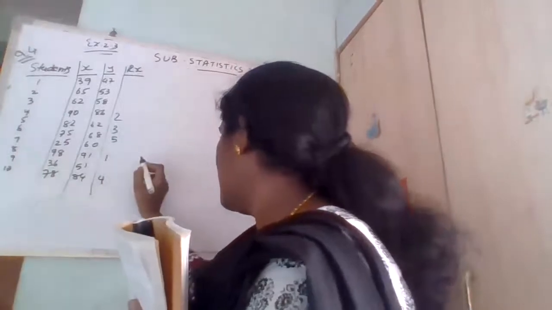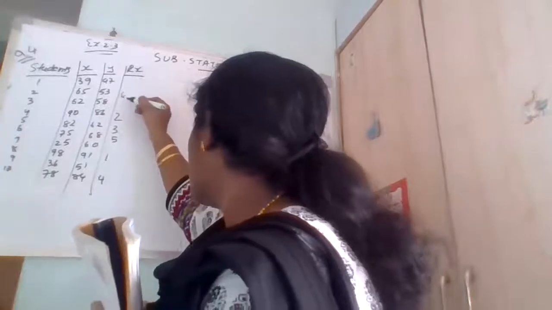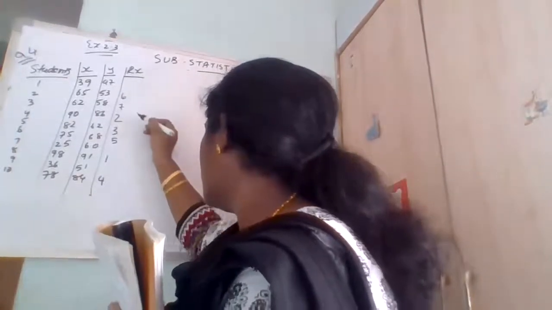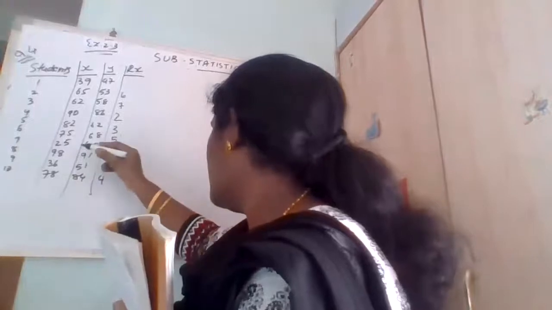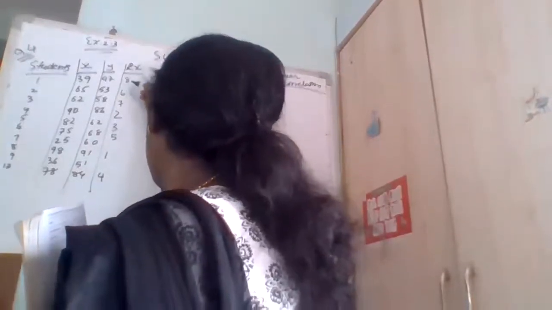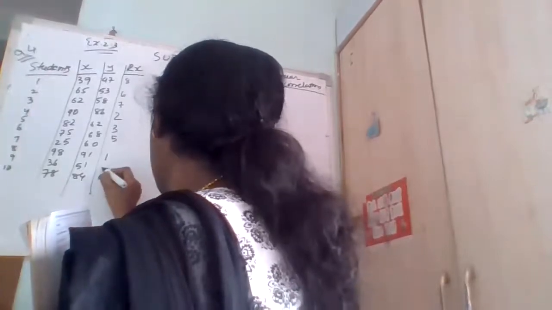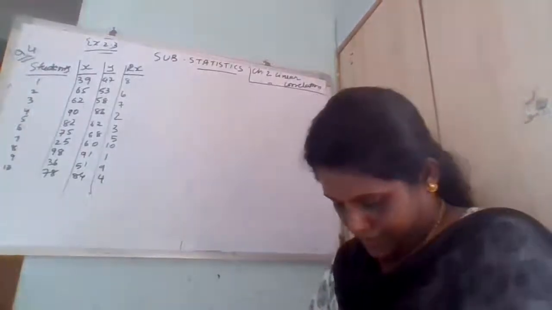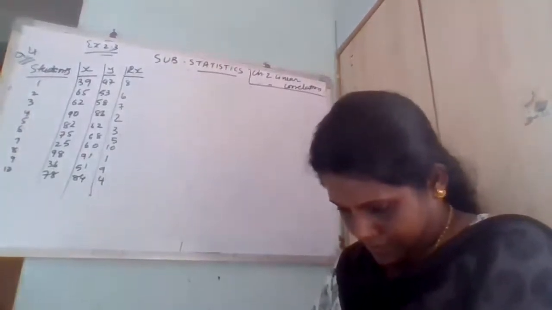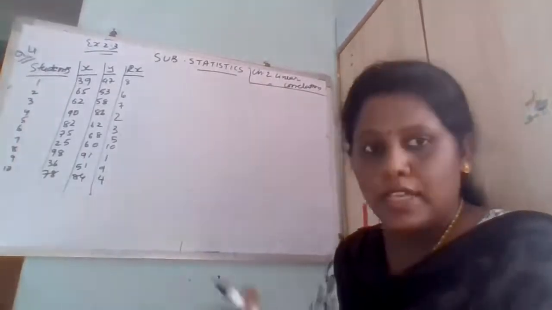Fifth is 75. Then 65 is 6, 62 is 7, 39 is 8. So this is the rank.